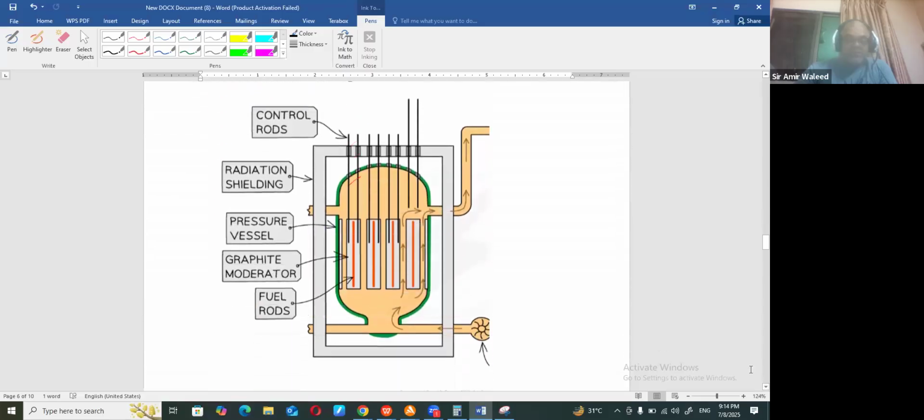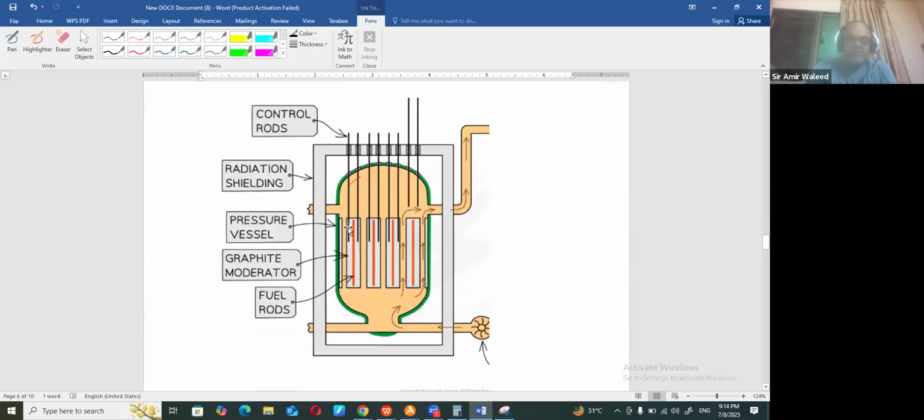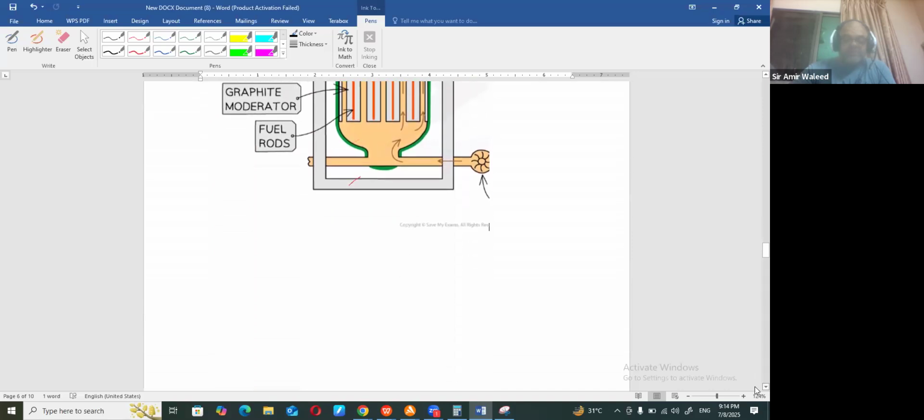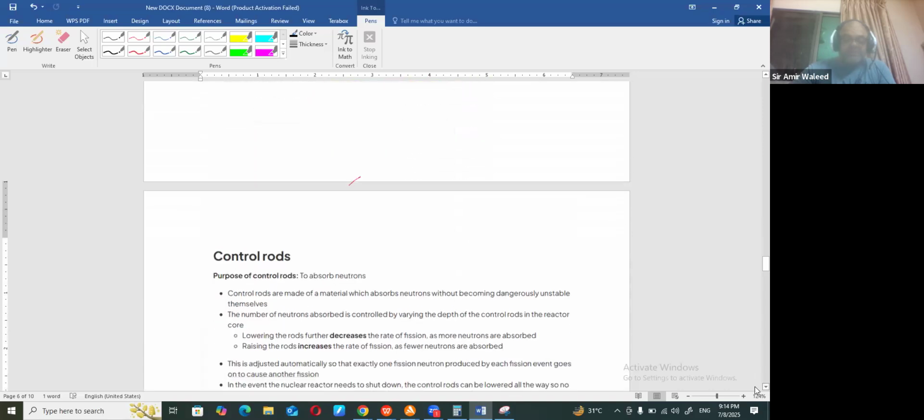So when you push the control rod downward, it will absorb the neutrons which are just released. And the graphite moderator is used to reduce the kinetic energy of the neutrons. Fuel rods are definitely that through which the reaction is being performed.